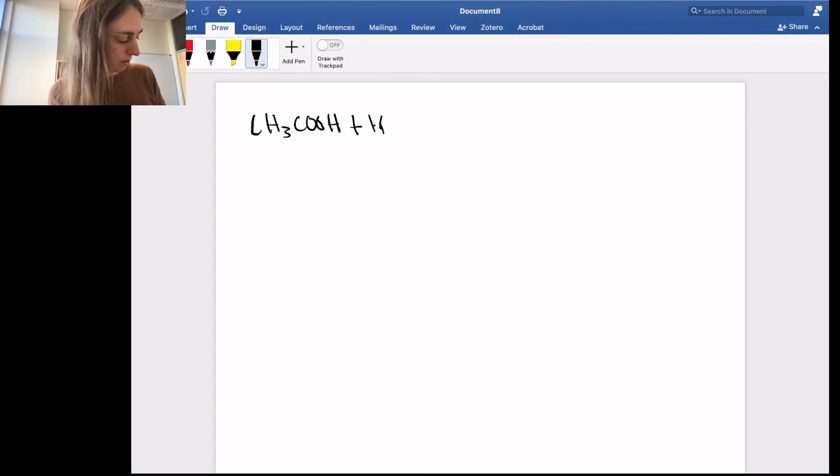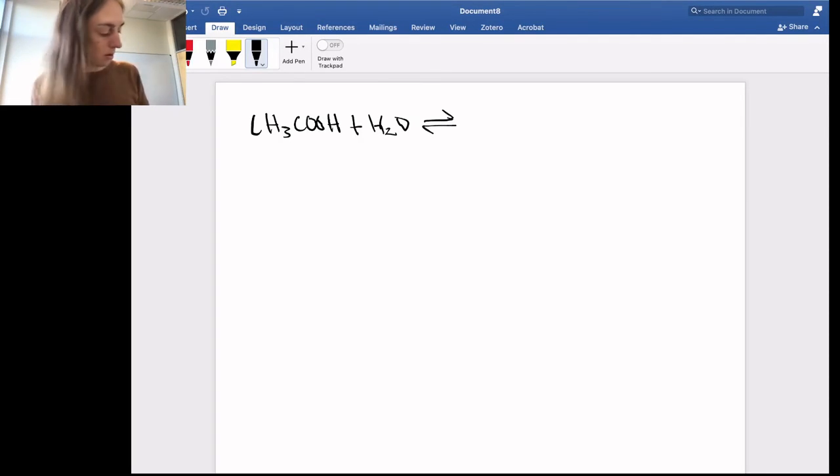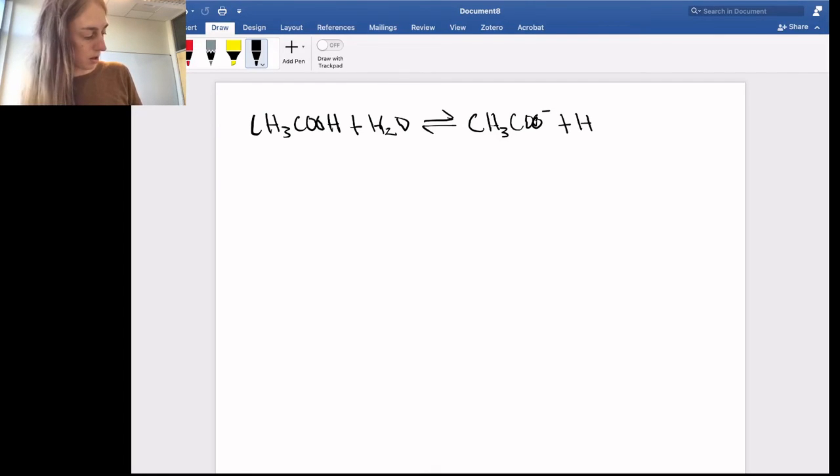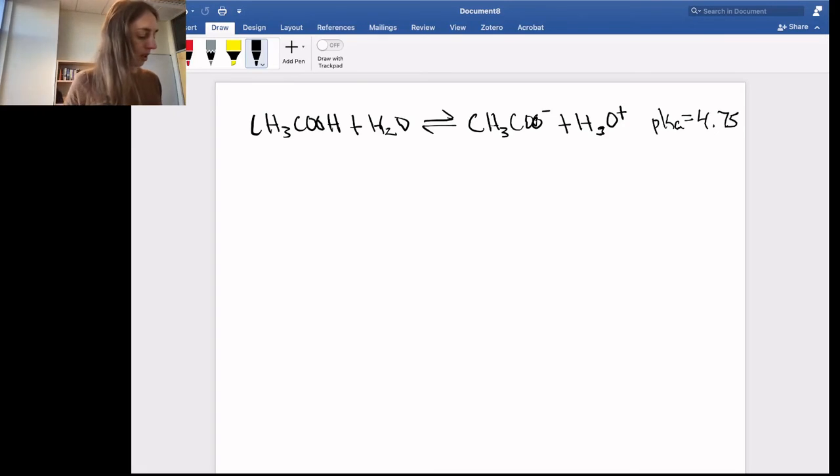Acetic acid in water, plus our hydronium ions. And we'll remember here that our pKa is 4.75. And we started out with some amount of acetic acid.